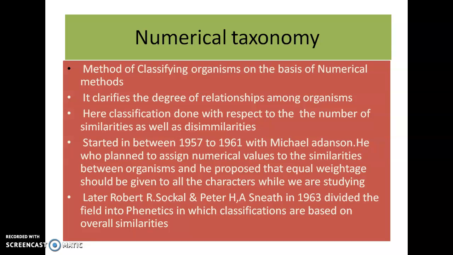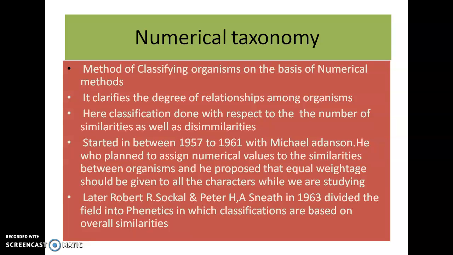If we classify organisms on the basis of similarities as well as dissimilarities, we can clarify the degree of relationship between them. So numerical taxonomy is a method of classifying organisms by taking into consideration similarities as well as dissimilarities for revealing the evolutionary relationships.